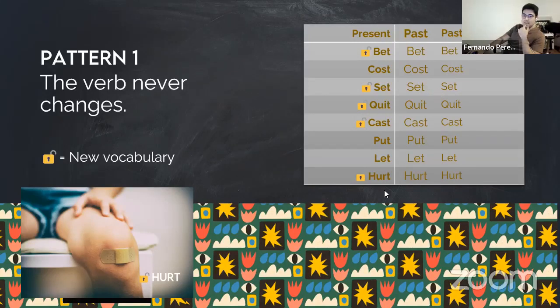On the chart, you can see in present the word bet, in past the word bet again, and then bet in past participle. And there are a lot of verbs that are in the same family, like cost, put, or let.